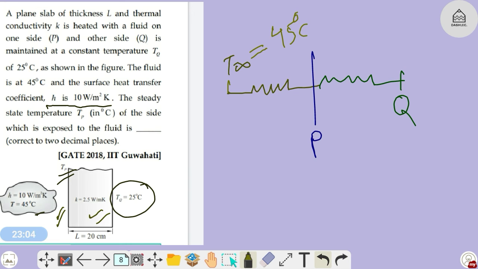Q is 25 degrees Celsius. We need to find out TP.